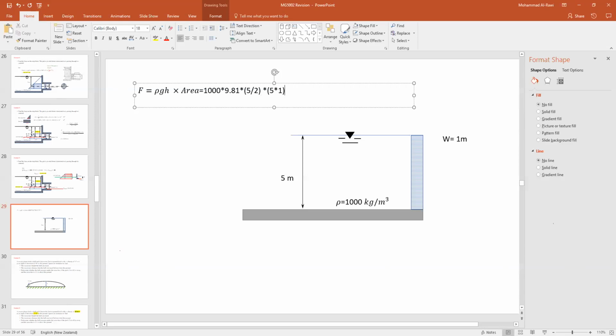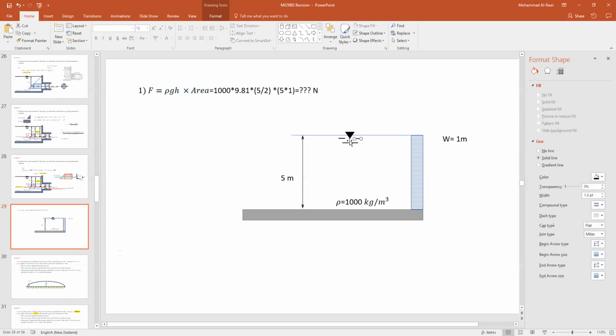And then you find the answer in, for example, newtons or kilonewtons. This is scenario 1, when the gate is just on the surface. Now let's change the scenario slightly.